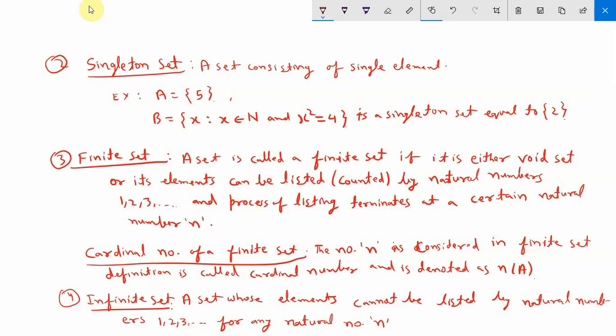So we will consider examples of finite and infinite sets. Finite set first we will consider: set of even natural numbers less than 100.